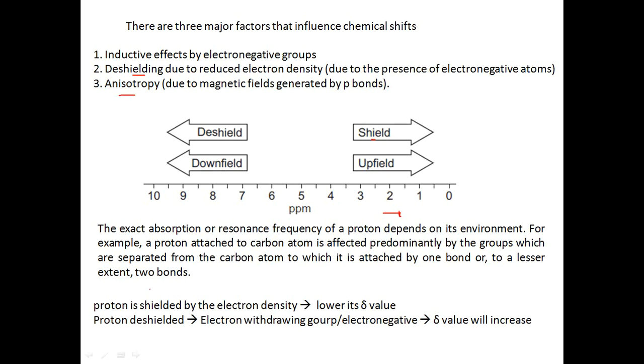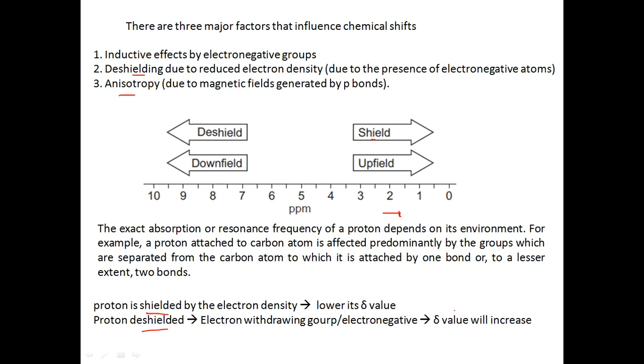So this magnetic field will shield the nuclear spin from the external magnetic field. If the electron density around a proton is more, it will be shielding the proton from the external magnetic field. But if an electronegative atom is attached to the carbon, it will pull away the electron from the proton. That leads to a decrease of electron density around the proton, making it more influenced by the external magnetic field. So that will go for a downfield shift.